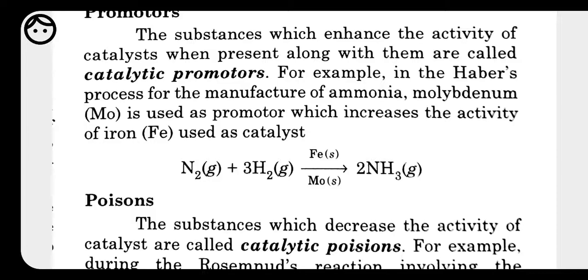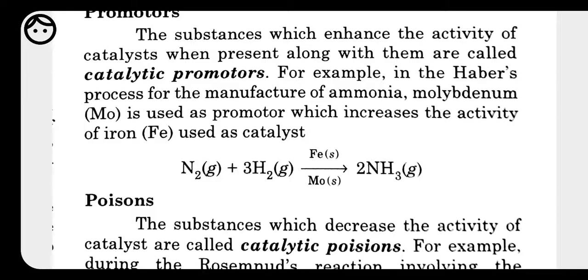It is the most important process, and it is called Haber's process. Here we are using molybdenum as a promoter, which increases the rate of reaction, and iron is used as the catalyst.